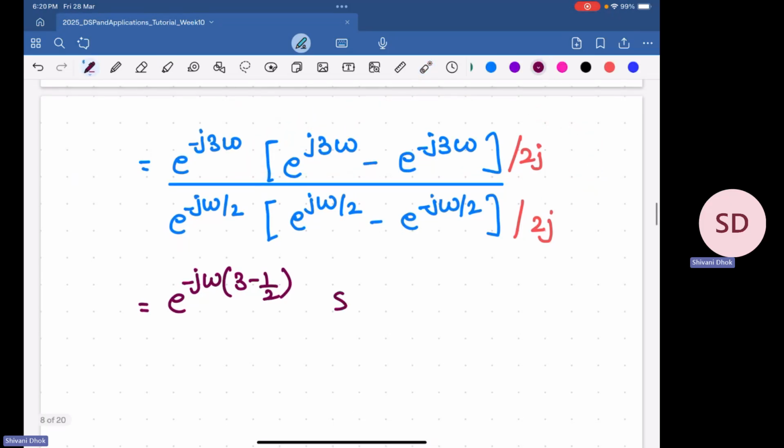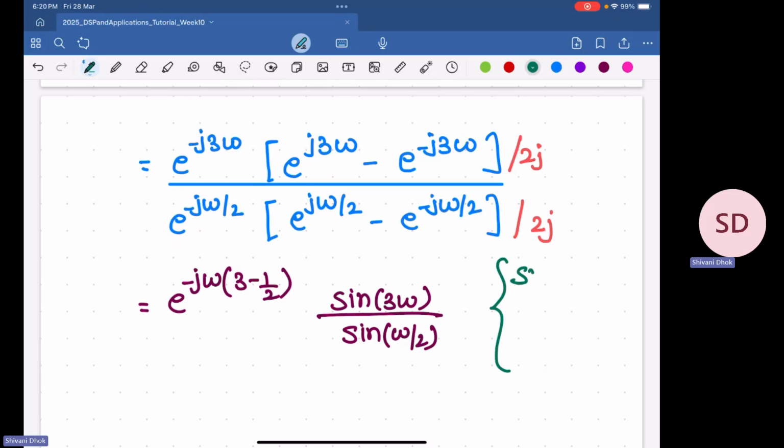So the numerator is sine of 3 omega, and similarly the denominator is sine of omega by 2. And how am I writing this? This comes from the simple thing, that is sine of theta we can write as e power j theta minus e power minus j theta by 2j. So for the numerator, this theta here is equal to 3 omega, and for the denominator, this theta is simply omega by 2.